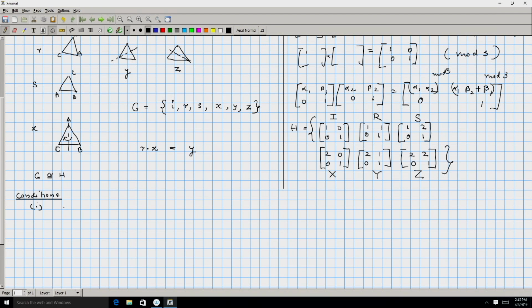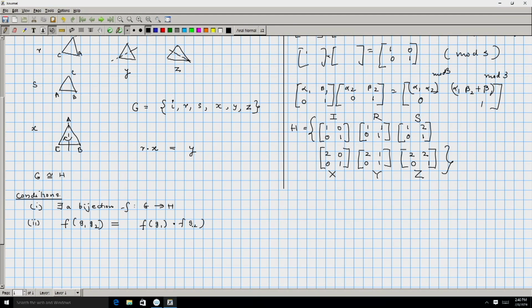The first condition is there exists a bijection, say f from G to H, and second, for this function f, if you combine G1 and G2, you get another element of G. This combination is done as per the operation inside G, and if you combine them and look at its image under f, that is going to be same as if you had looked at the images of G1 and G2 and then combined them under the operation in H. If these two results are same, then we say that G and H are isomorphic.